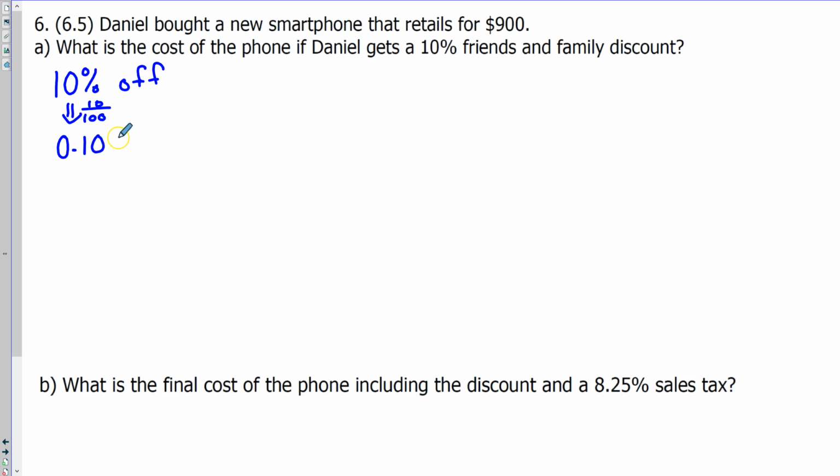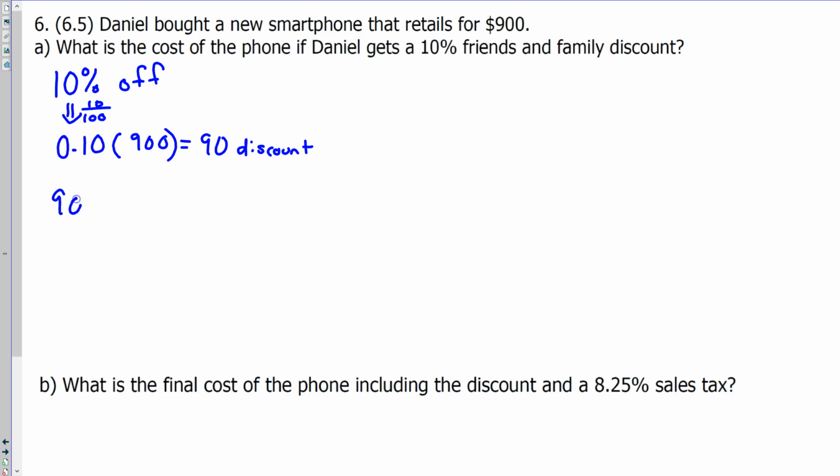So that's my decimal value, and I'm going to multiply it by whatever number I want to find a percentage of. I want to know 10% of the 900. So I'm going to multiply my decimal, 0.10, times my total, 900, and that gets me 90. Now here's the thing, that 90 is only my discount. That's only how much I'm getting off of my total.